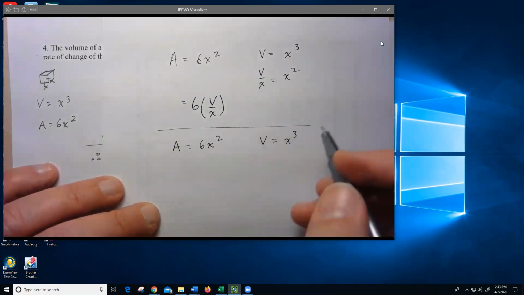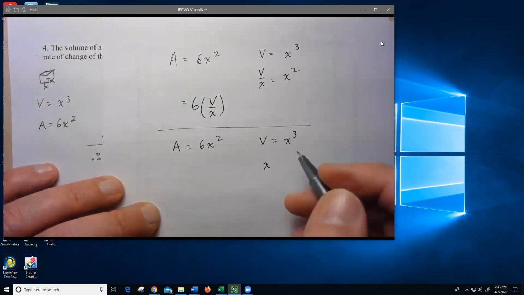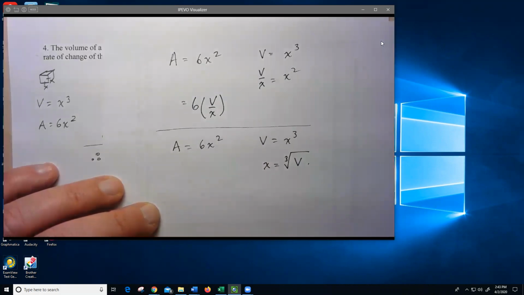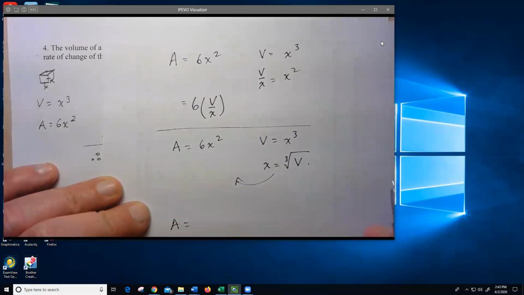Okay, well, the other thing you could have done is isolate. Oh, yeah, go ahead. I just isolated x in the volume equation. There you go. The other way to do it is to do a substitution, isolating for x, which is equal to the cube root of V, and then put that into the equation. So area is equal to 6 times the cube root of V squared, okay?